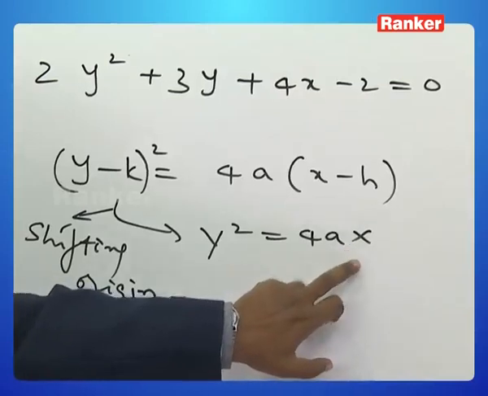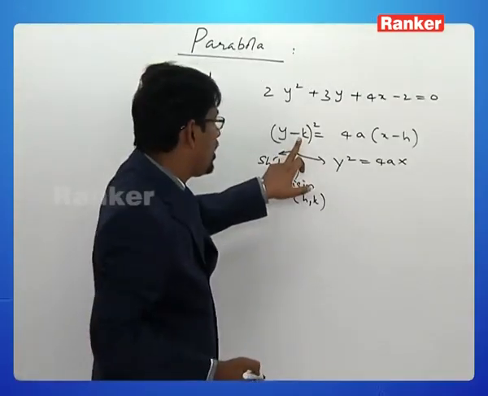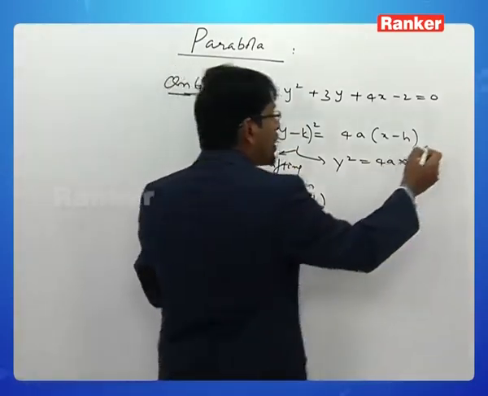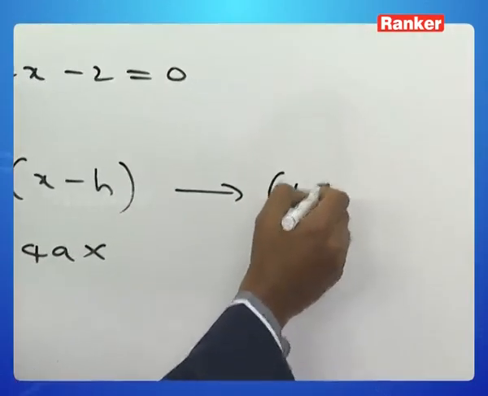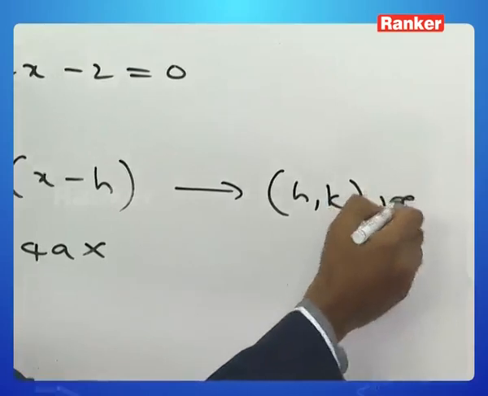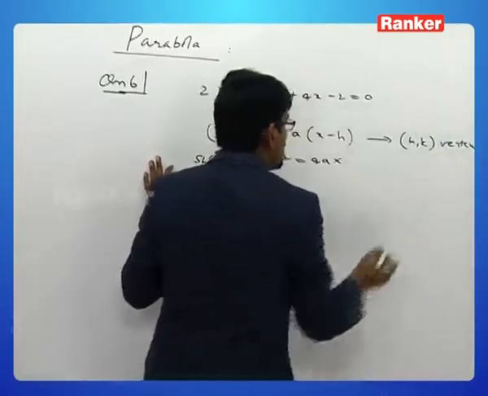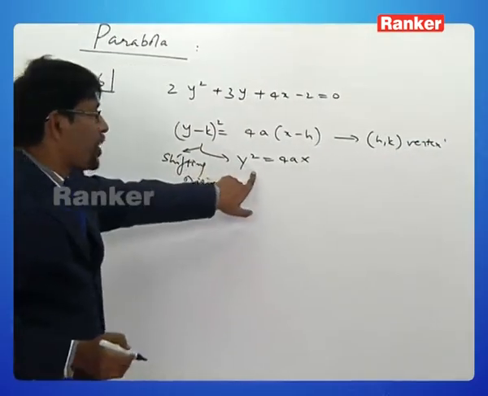It is the vertex. So h comma k is the vertex for this parabola.